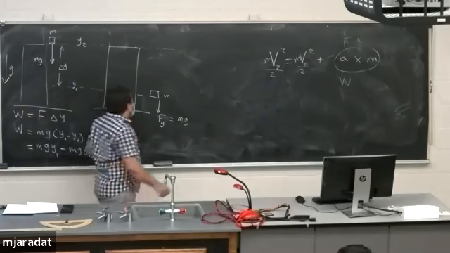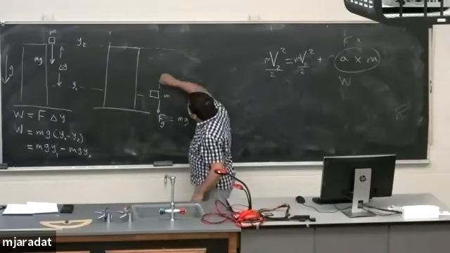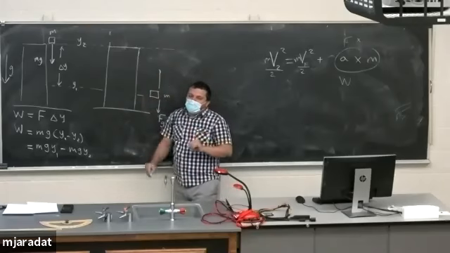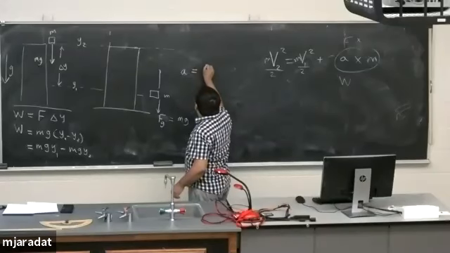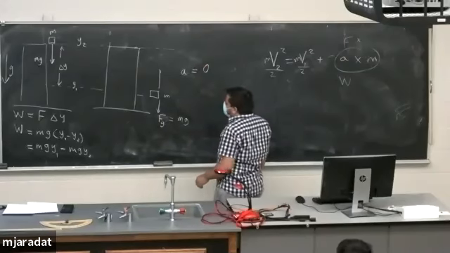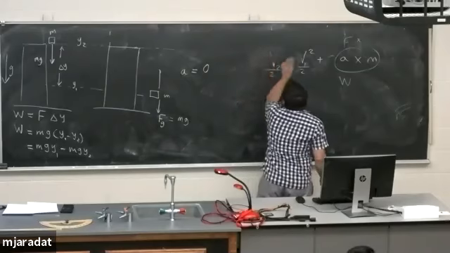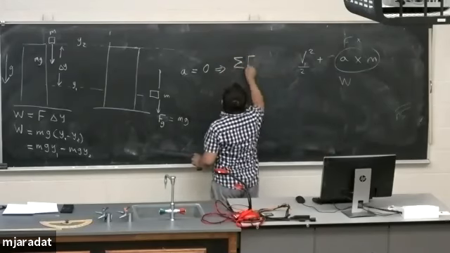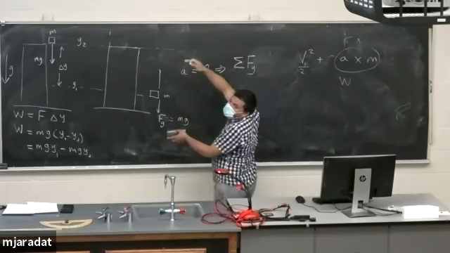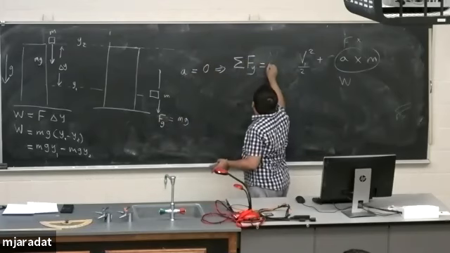Now, if I need to move the object with constant velocity, it means the acceleration is equal to 0. What does that mean? It means that total F in the y direction, we are moving in the y direction, is equal to 0.